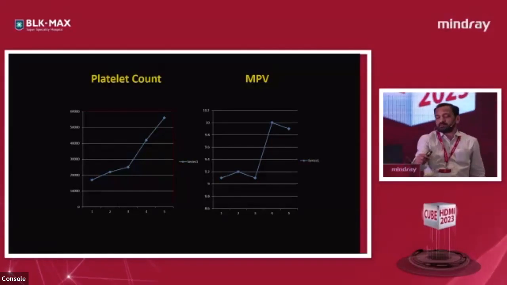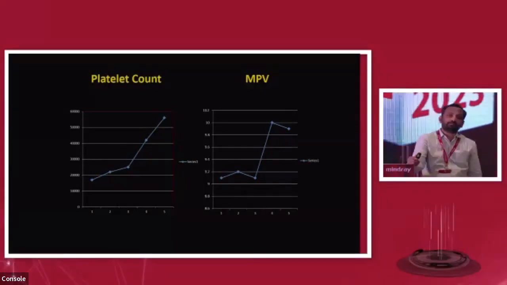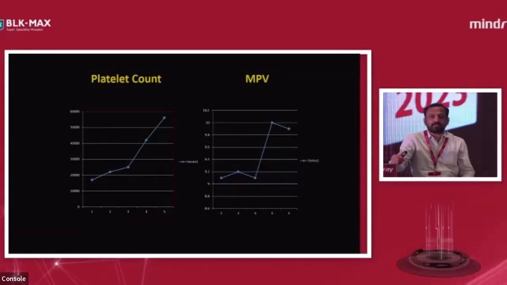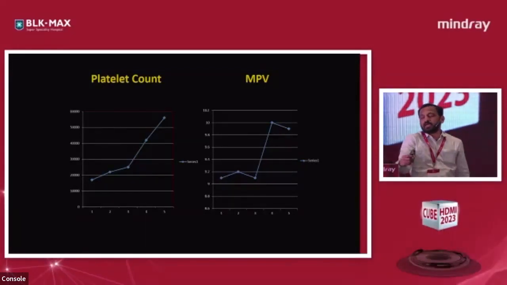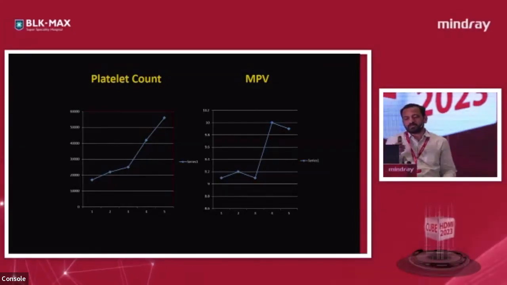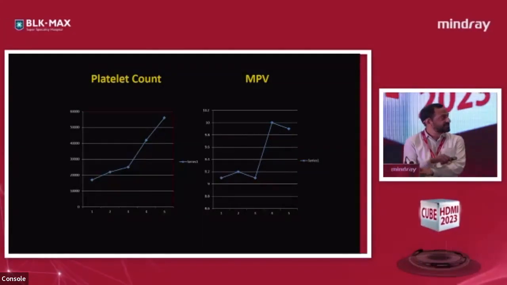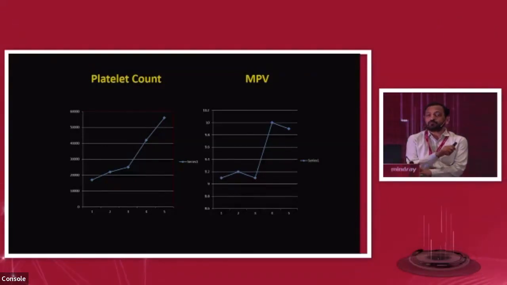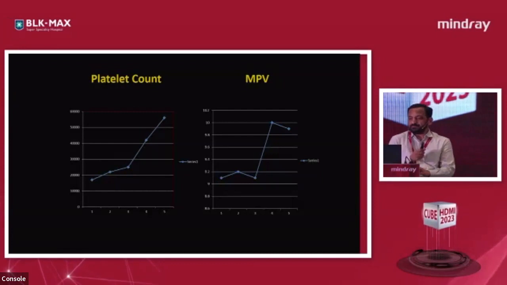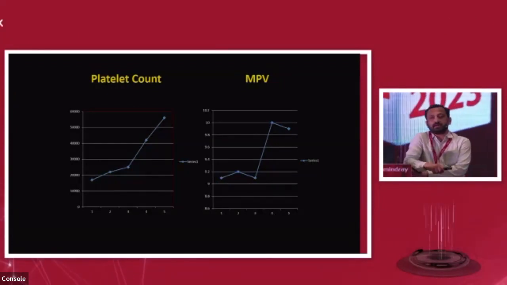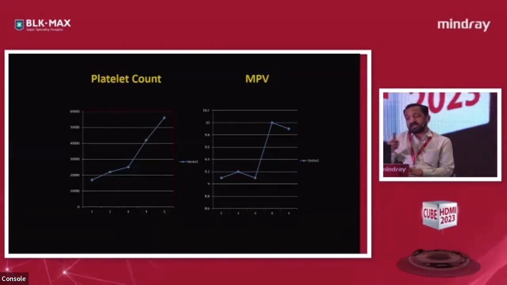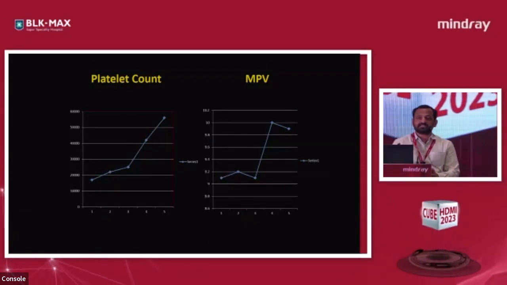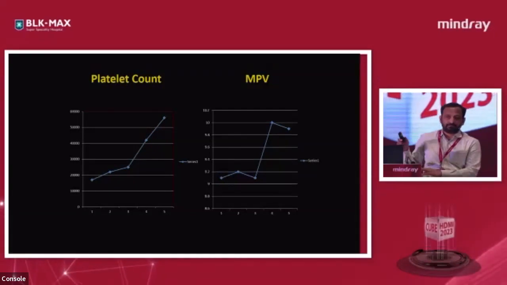When we checked subsequent samples from infectious category patients, as the platelet counts were increasing, the MPV also was increasing in the follow-up samples. But as we were discussing right now about the IPF, in the last count the count was increasing but the MPV dropped.